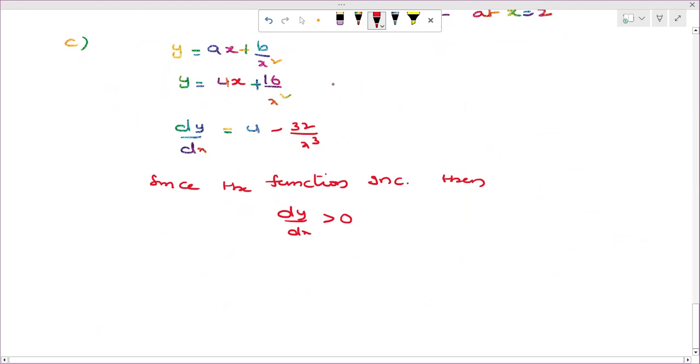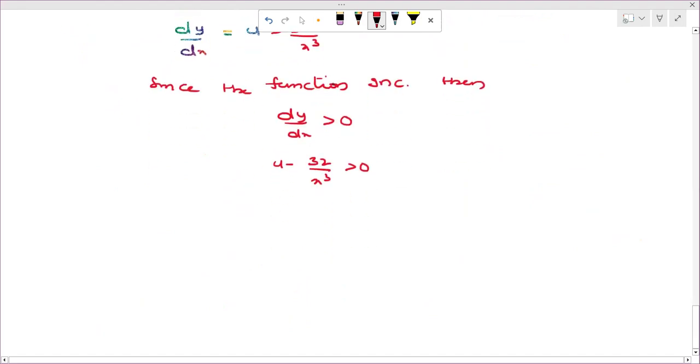So 4 minus 32 by x cubed should be greater than 0. Okay, now see here. 4 greater than 32 by x cubed. 4 times 8 is 32. So x cubed greater than 8, that is x cubed minus 8 greater than 0.